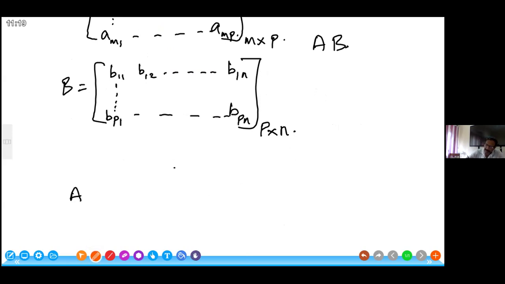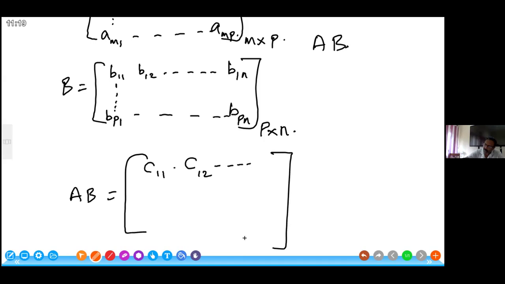So the AB, let's say this is C11, C12, up to C1N.